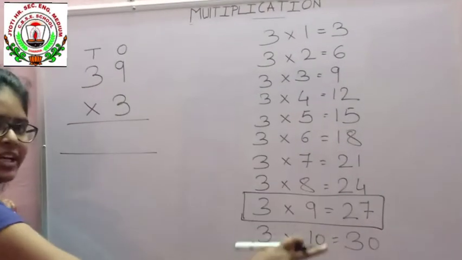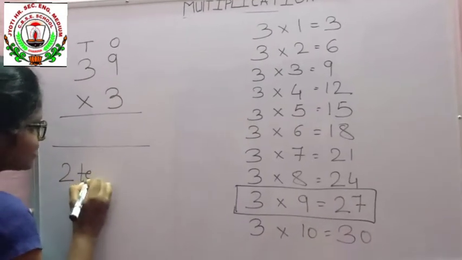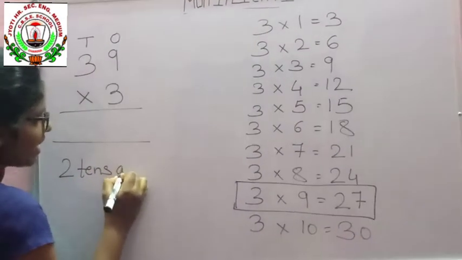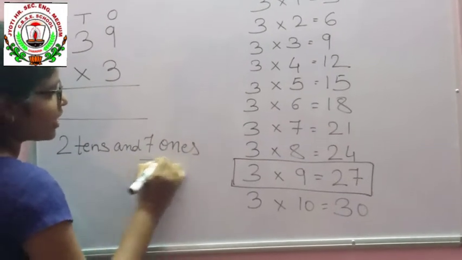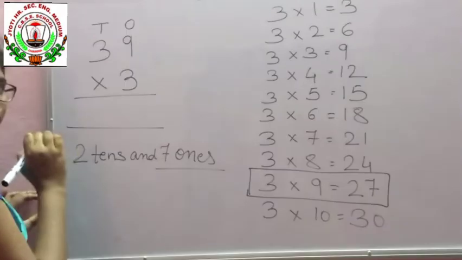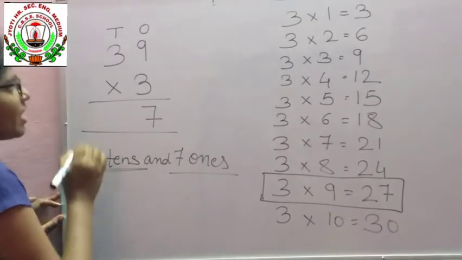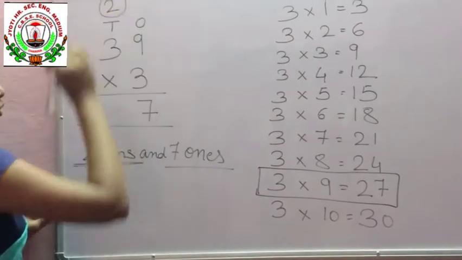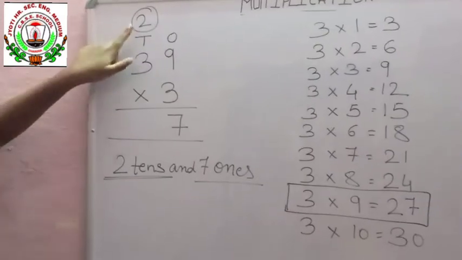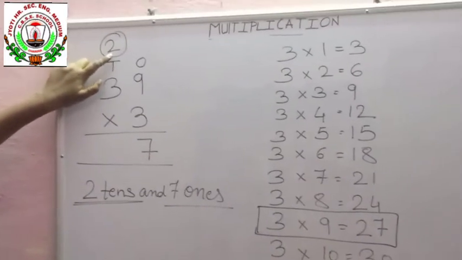We get 3 nines are 27, which means 2 tens and 7 ones. So the ones will be written in the ones place, and these 2 tens will move to the tens place, meaning 2 will go to the carry over.